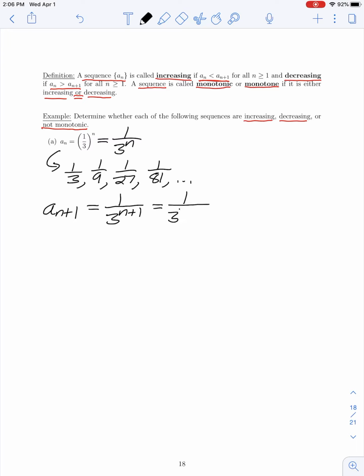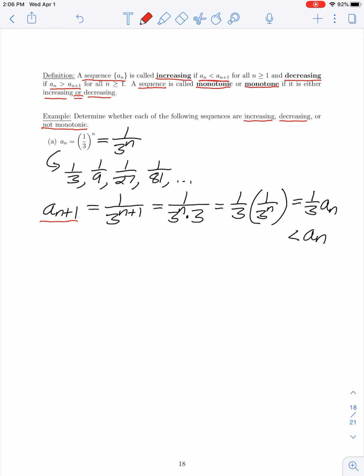Here, a sub n plus 1 would be given by 1/3 to the n plus 1 power, which could be rewritten as 1/3 to the n times 3 to the first. Or we could think of this as 1/3 of (1/3)^n, which is 1/3 of a sub n.